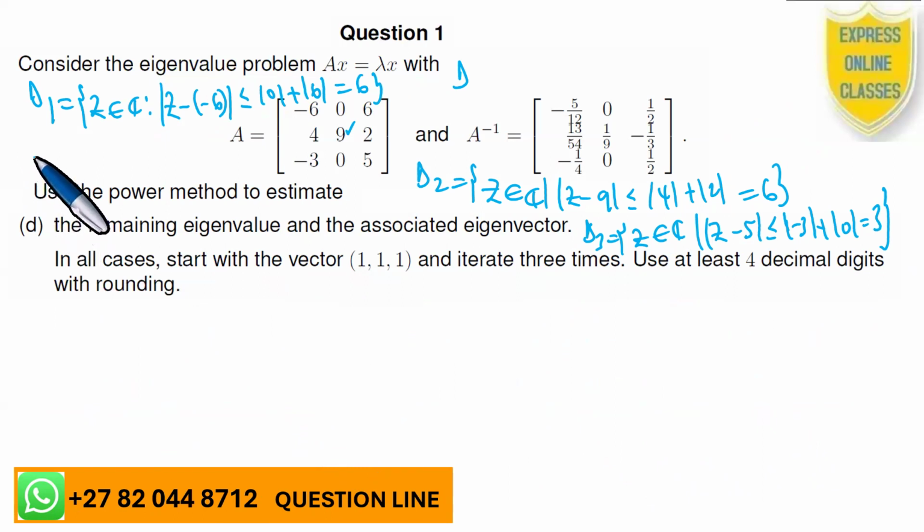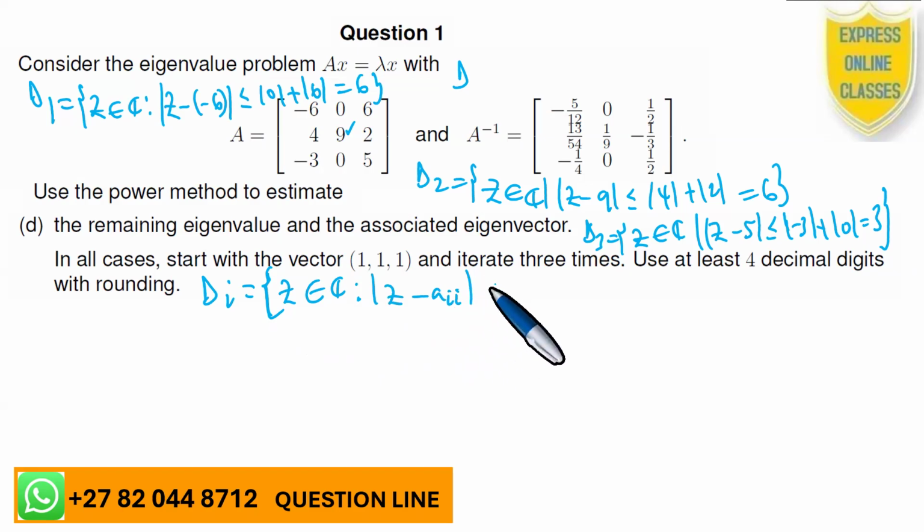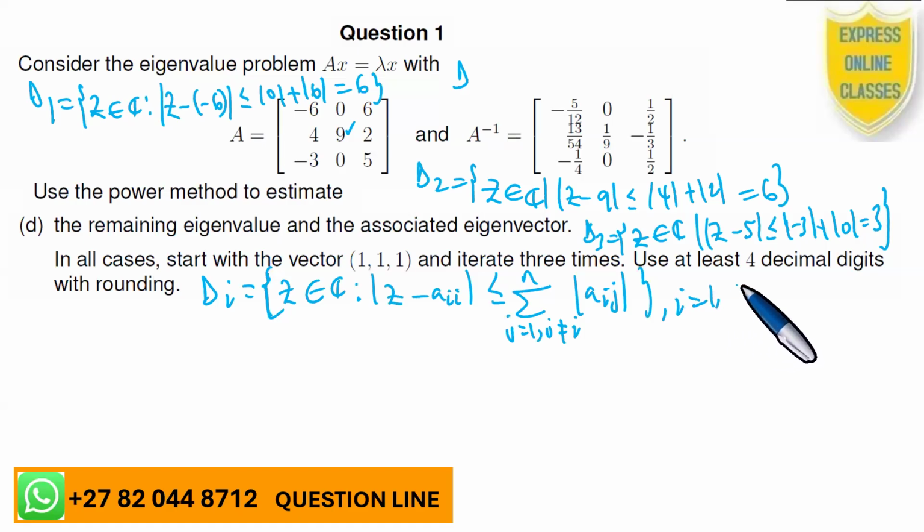The general definition of a Gershgorin disk is that the disk i is given by Z in the complex numbers such that Z minus a_ii is less or equal to the sum over j equals 1 to n, j not equal to i, of the modulus of a_ij, and so on.